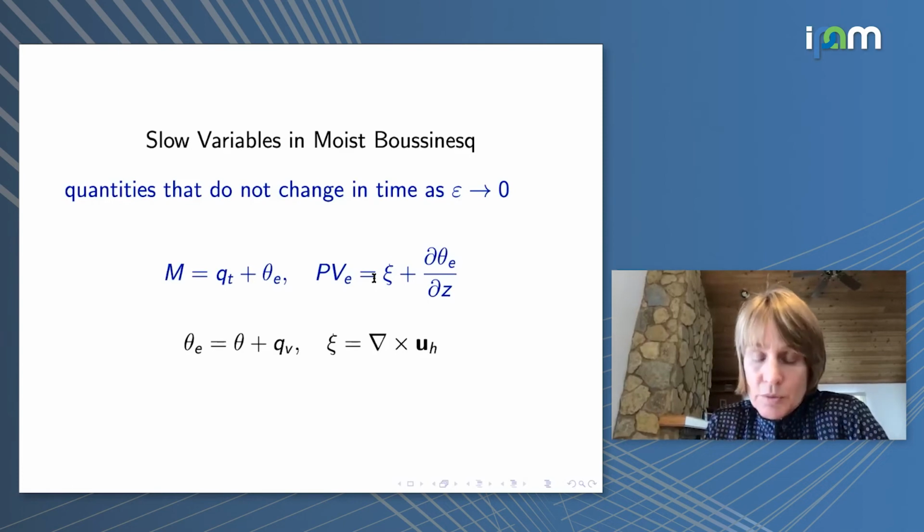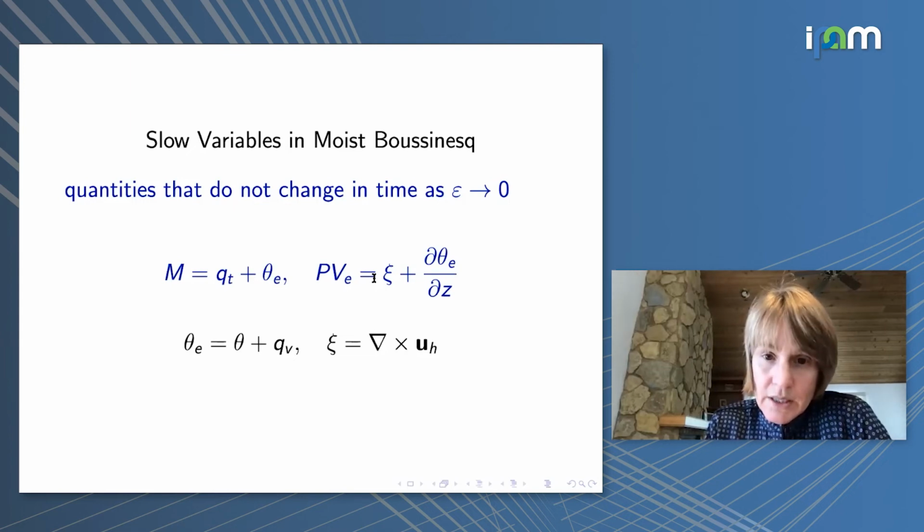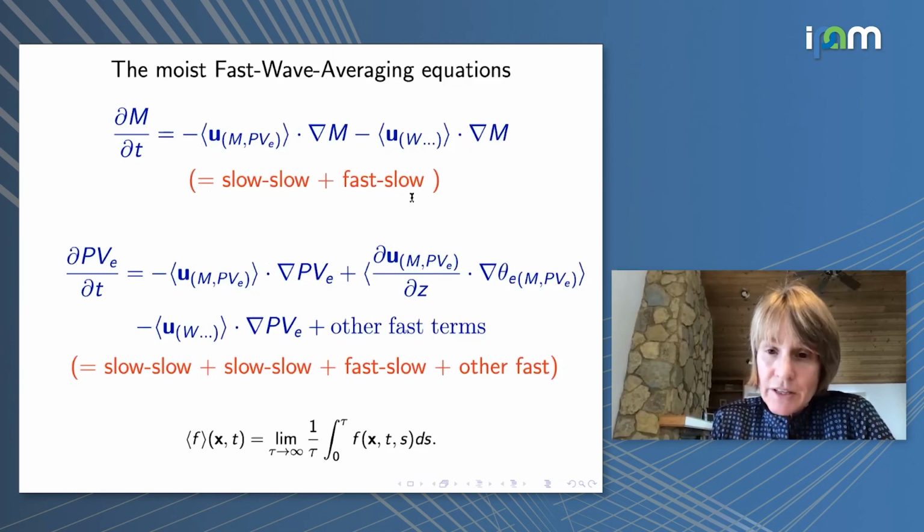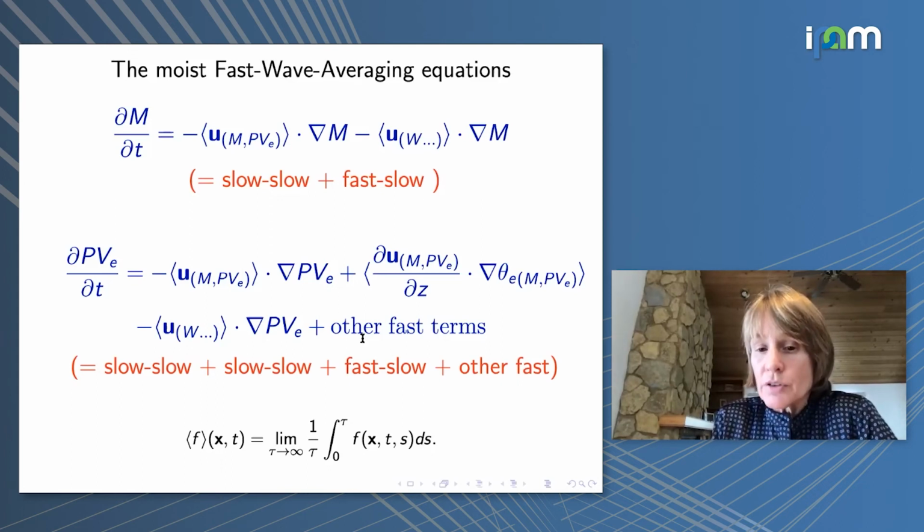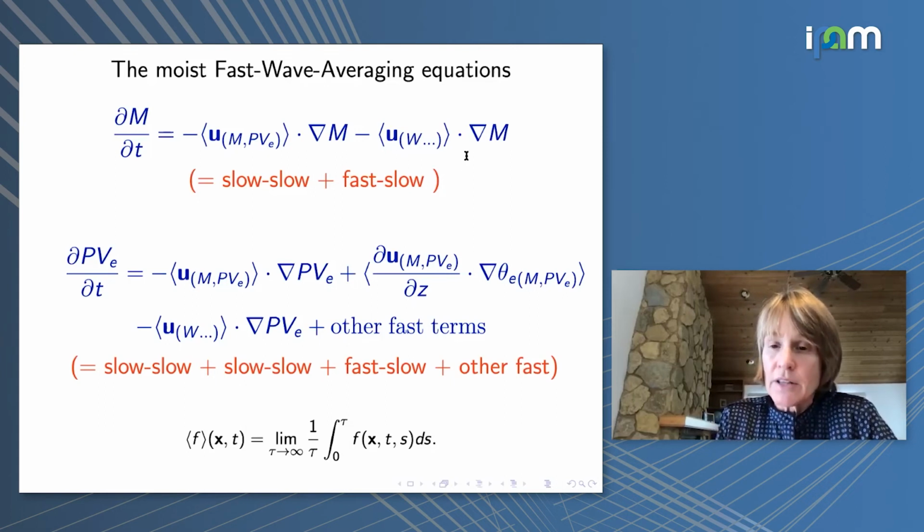And as I was mentioning, it's now a formal analysis. And the interesting thing that we get is different terms that do couple the fast and slow modes in both of the equations for M and PV. And these are terms that we cannot a priori show go to 0. There are other terms here that we can show are 0 using the structural information of the operators, but many that remain.